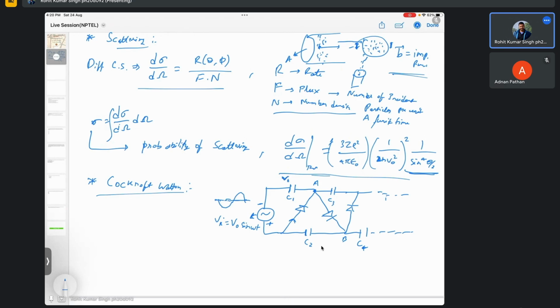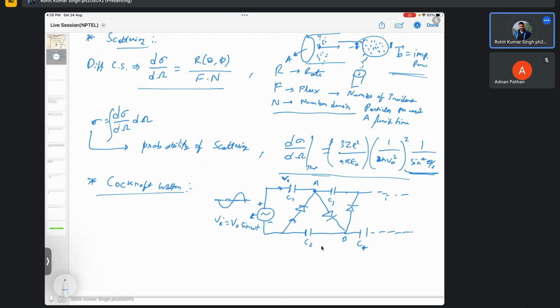And then the polarity changes, so this becomes positive and this one becomes negative, right? And then the current will flow through here.